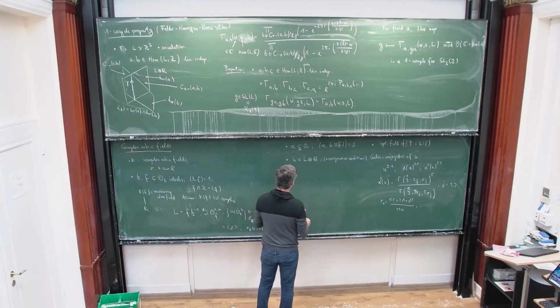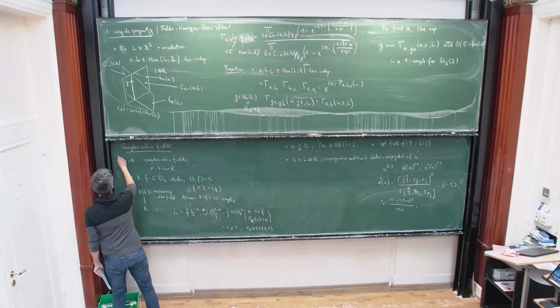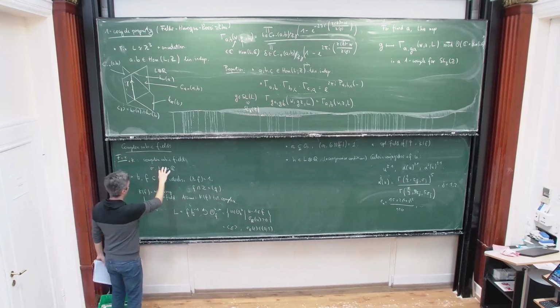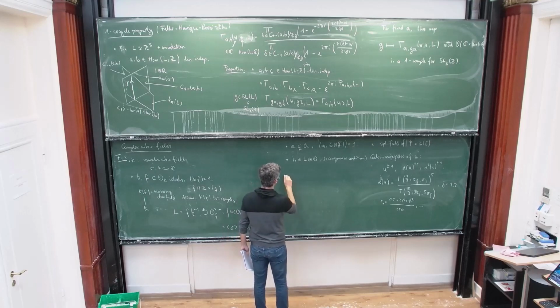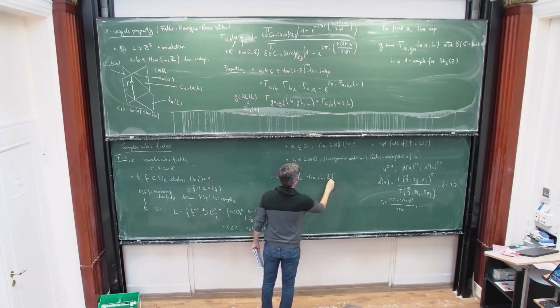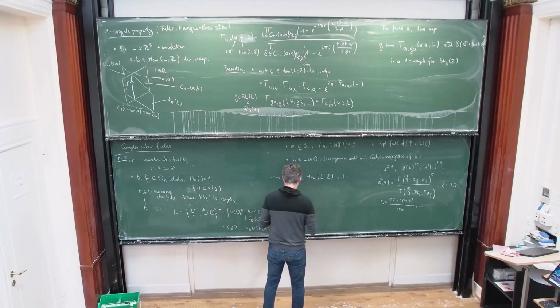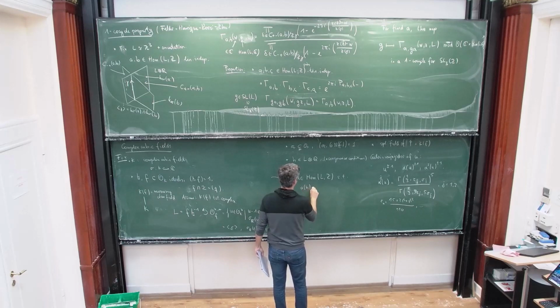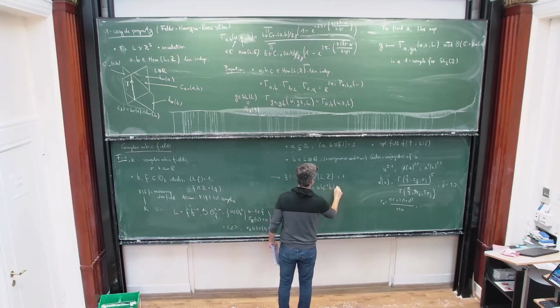And so now I can do the following thing. So these are all fixed. Fix all these data. Then there exists a unique functional A such that A of H and A of epsilon inverse H are both 0.